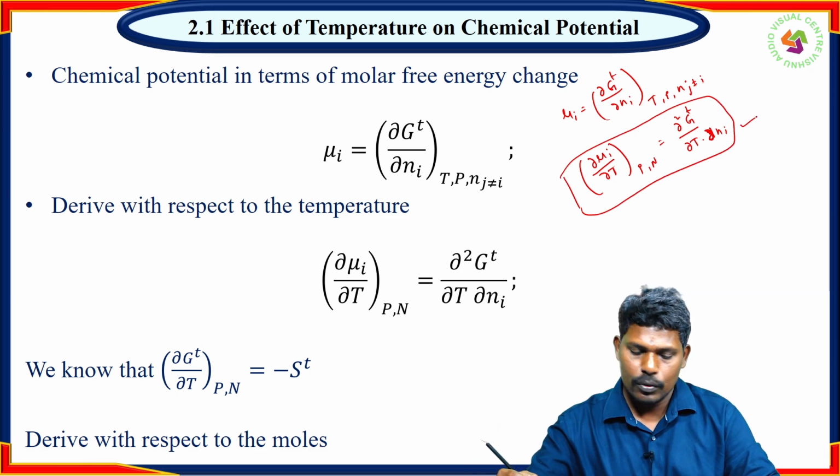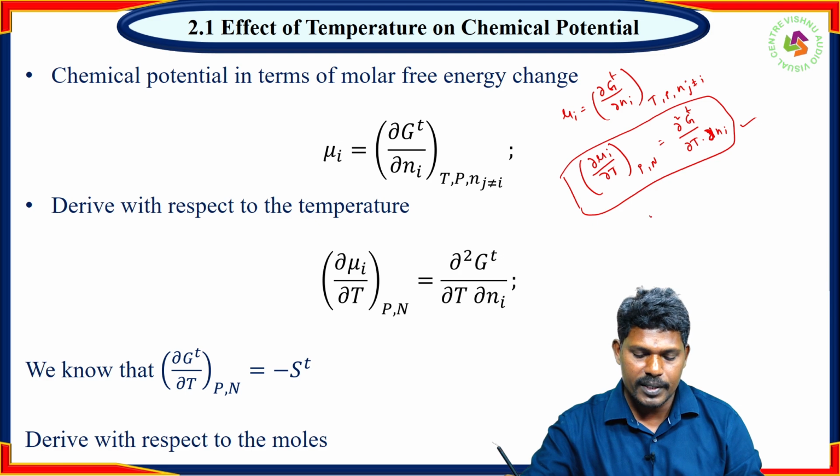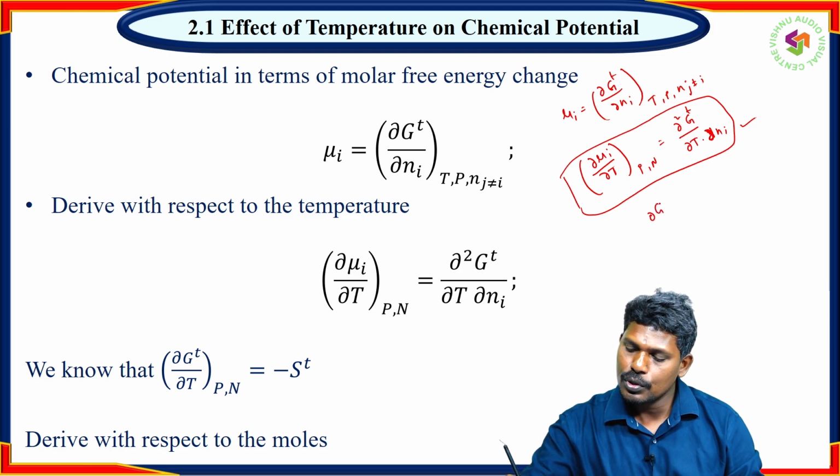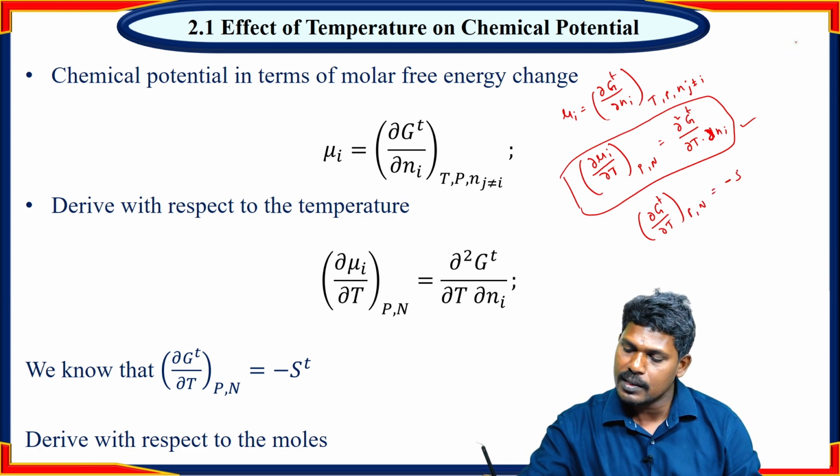We already know from the previous expression that dou Gt by dou T at constant pressure and total number of moles is equal to minus St.